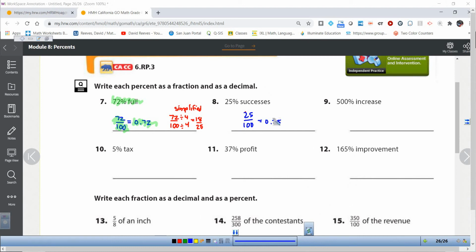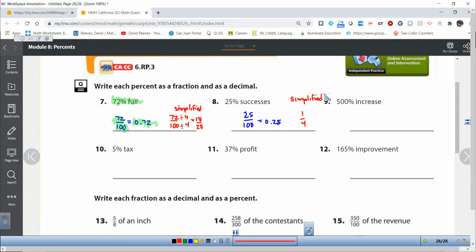But 25%, if we were to simplify it, would be 1/4. Again, they are not requiring you to simplify it, but that is one you should have memorized. Hey, 25%, I know that is 1/4.